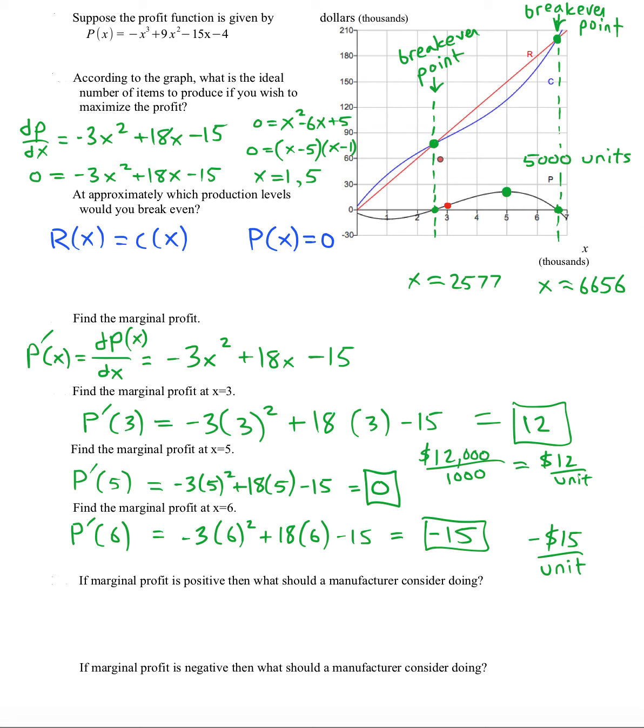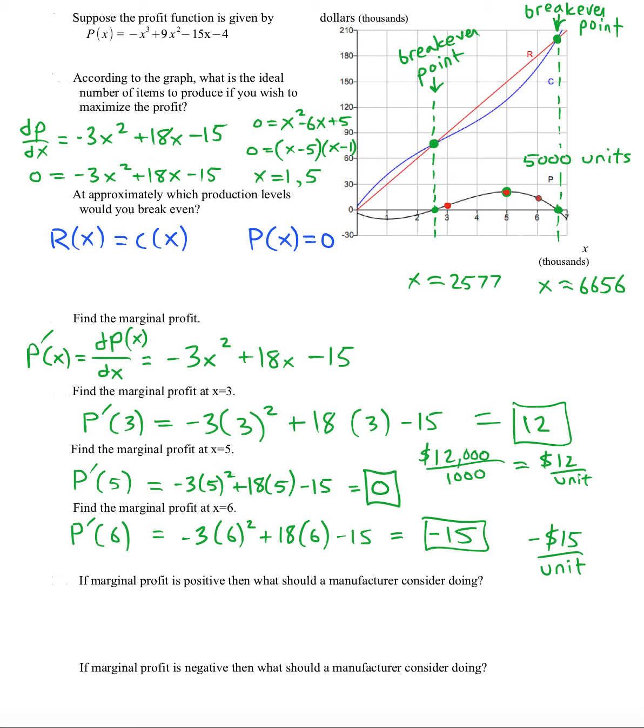And we also notice here that the marginal profit is 12. Then look at this profit level here at an x of 5. That's the highest profit that we could possibly have, and there's a 0 marginal profit, which means if you increase your production by 1 unit, you're not expected to gain any profit.